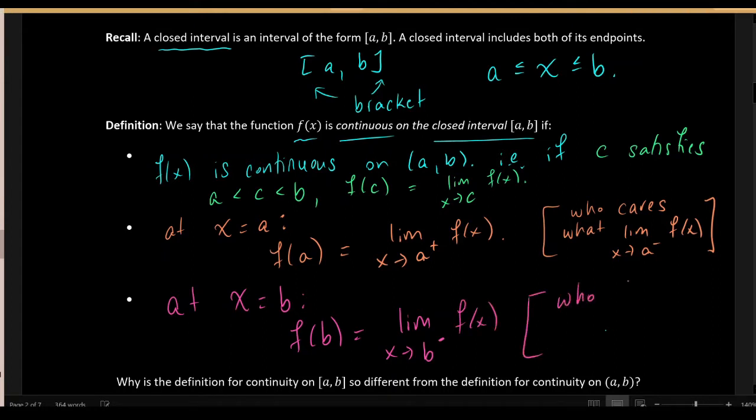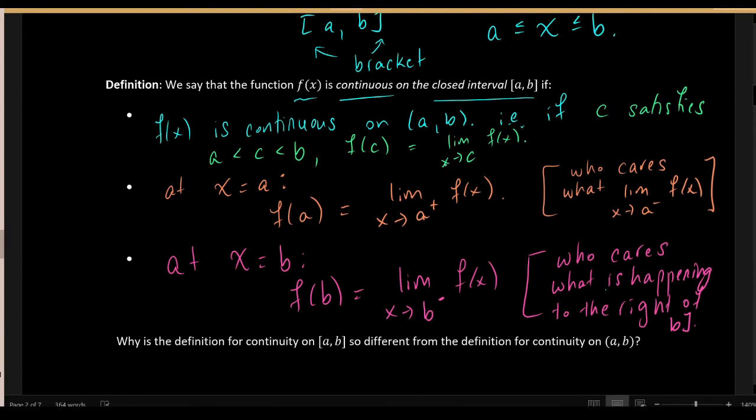So basically, in this definition, who cares what is happening to the right of B? The right-sided limit at B does not matter at all for this definition.